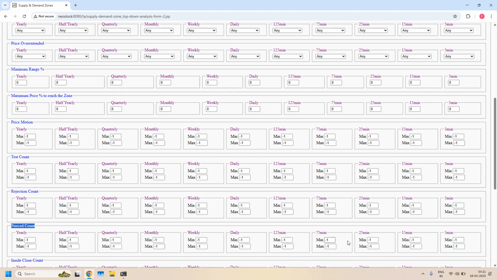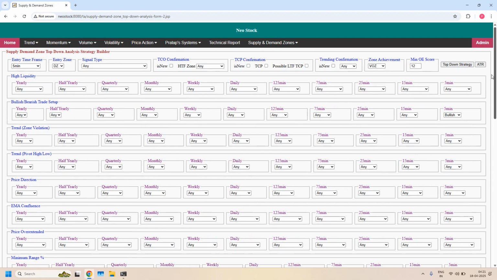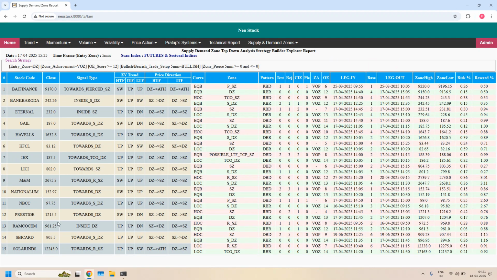So in the pierced count at 5 minutes time frame, minimum value is 0, maximum value is 0. So with these filters, we got 15 stocks. So total 15 stocks are filtered.